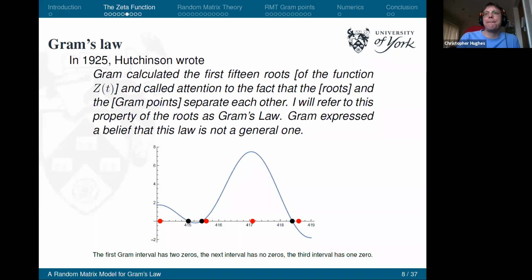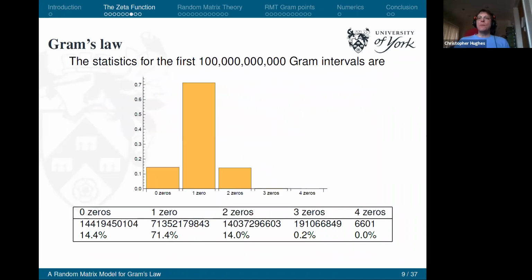That's what we're going to try to answer. So we can do some statistics. For the first 100 billion zeros, 100 billion Gram intervals, we can see that it's true 71.7% of the time. Is there exactly one zero in a Gram interval?